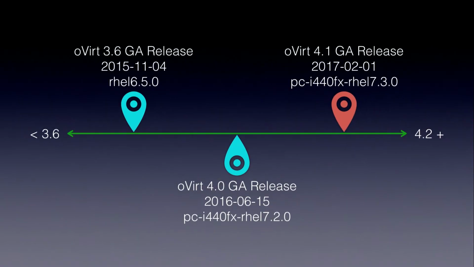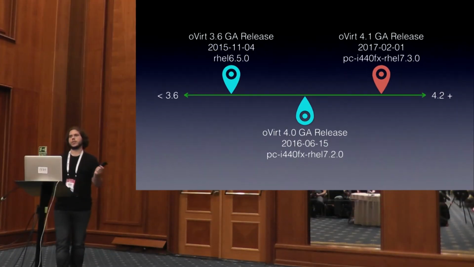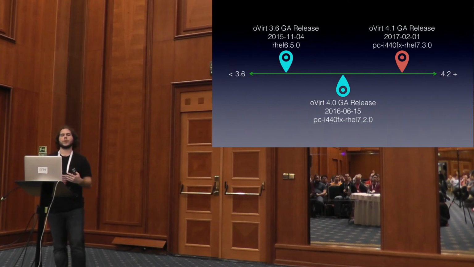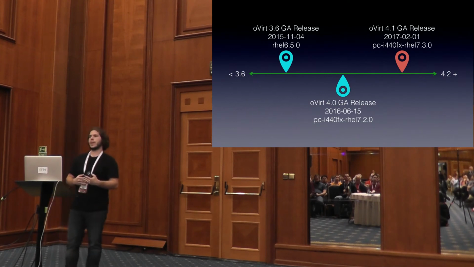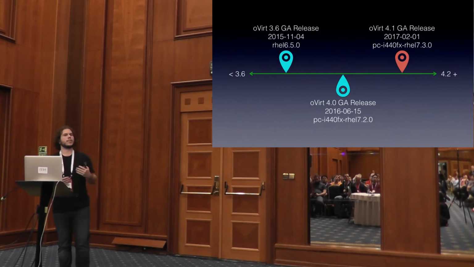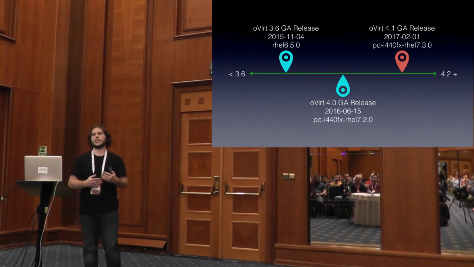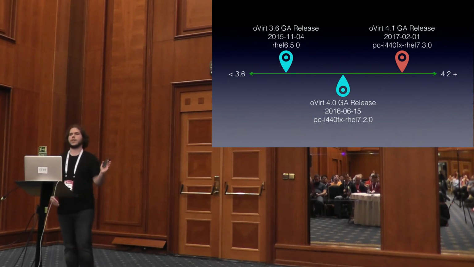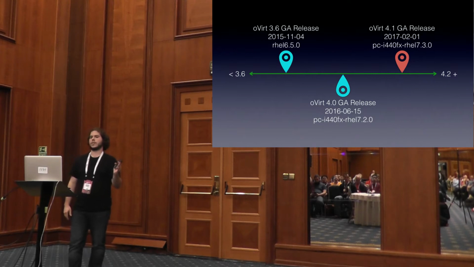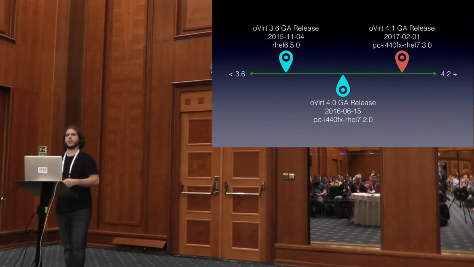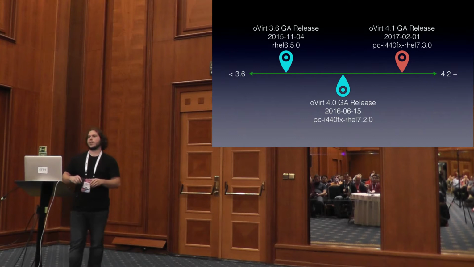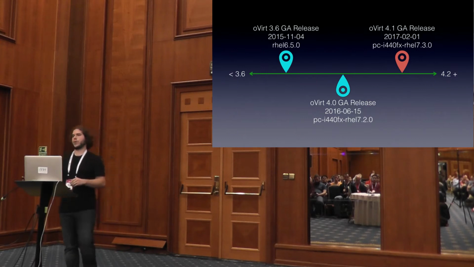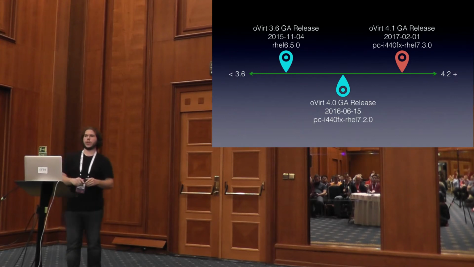Since we'll be talking about clusters and machine types, we should establish some kind of relationship between the two. And there's a great timeline where you can see how machine type and cluster version are related. It begins, in this case, with oVirt 3.6, where the cluster version used was RHEL 6.5. Then we go on and see 4.0, which maps to the 7.2 cluster version.